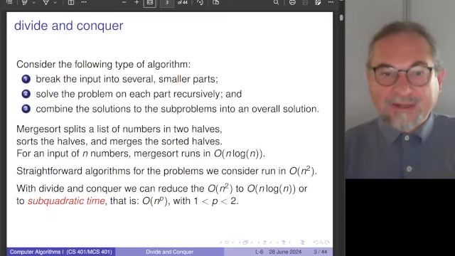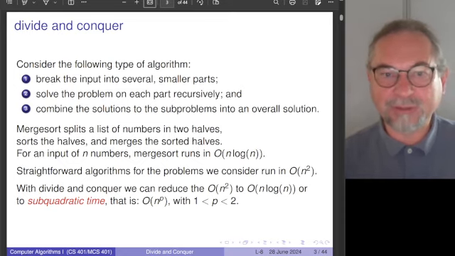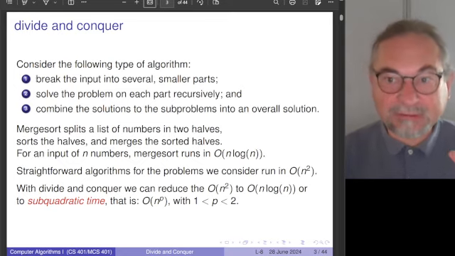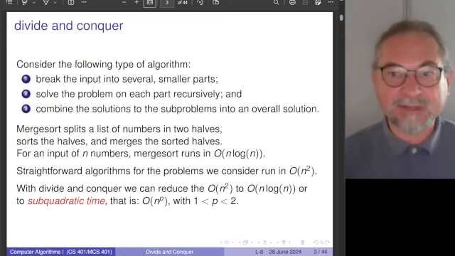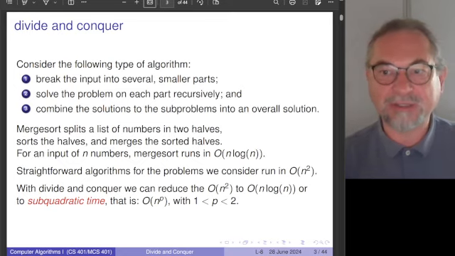We can show in a rather straightforward manner that for an input of n numbers, merge sort runs in a time of n log n. That is substantially faster than algorithms that have a worst case running time that is quadratic.